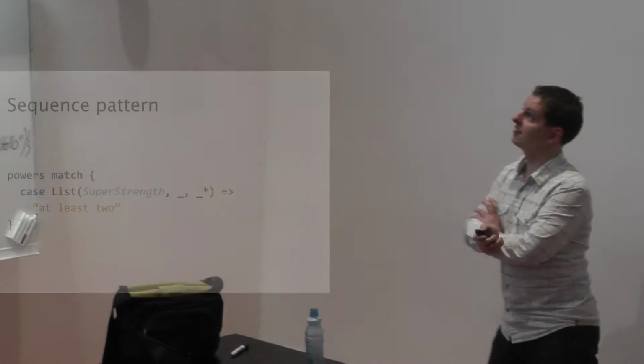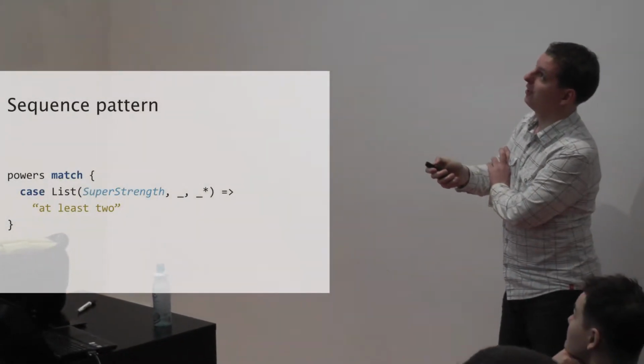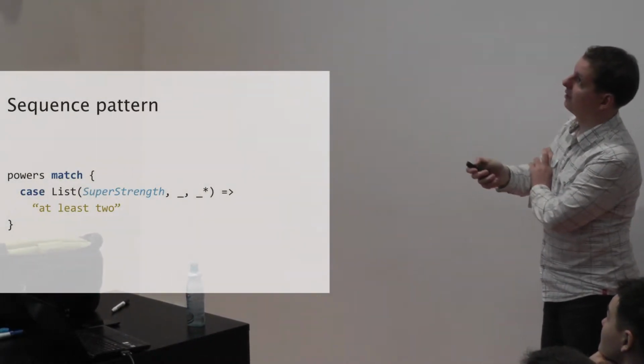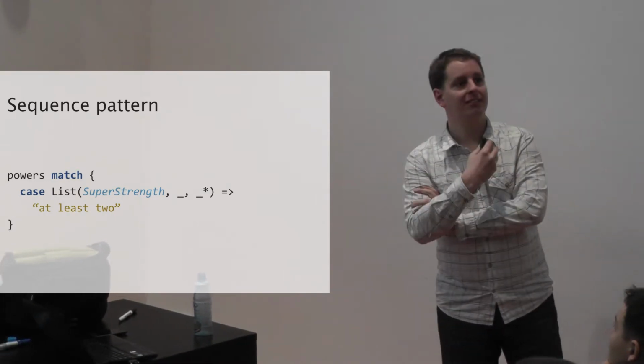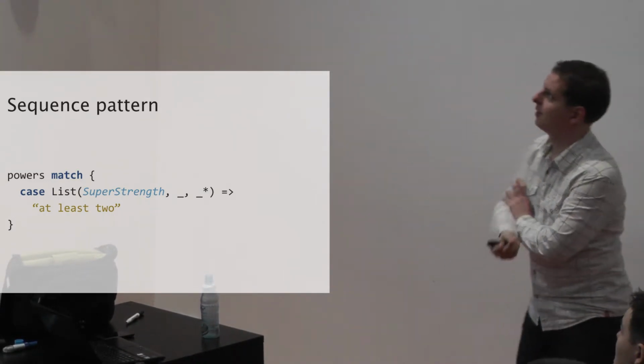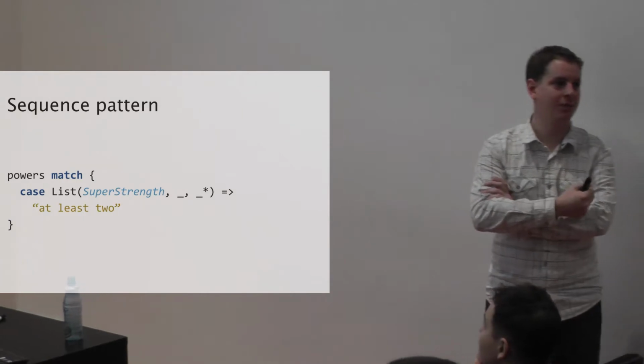What is the difference between the sequence pattern and constructor pattern? Because this looks like constructor pattern of type list, isn't it? Yes. The difference is that in the sequence pattern there might be a list with any length, with any number of parameters.